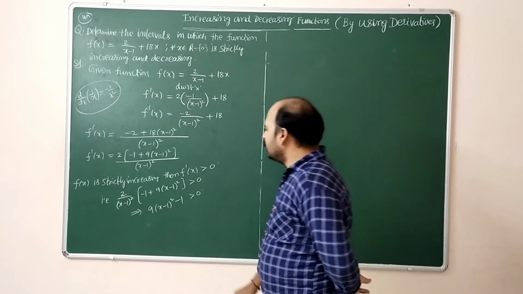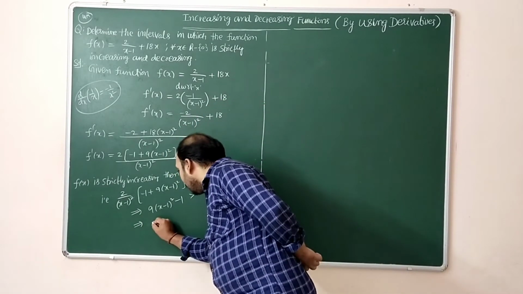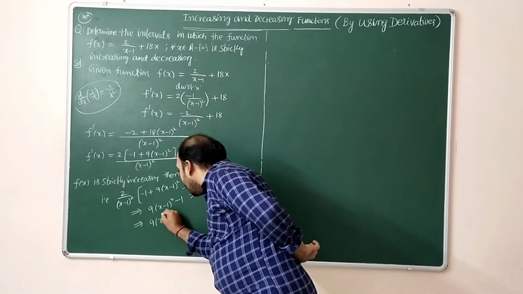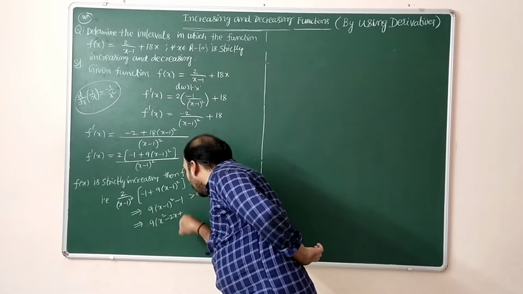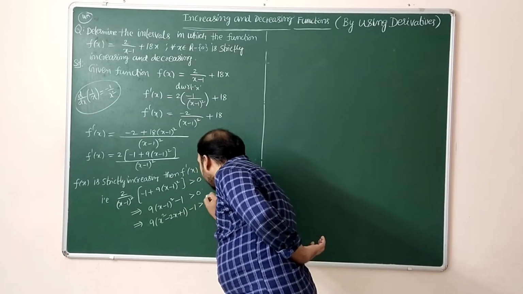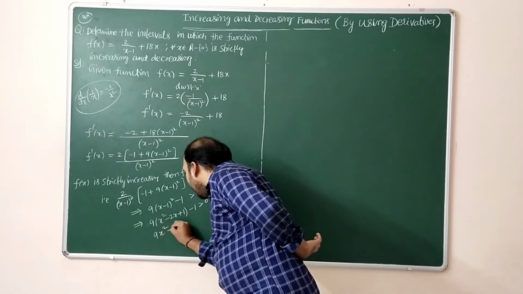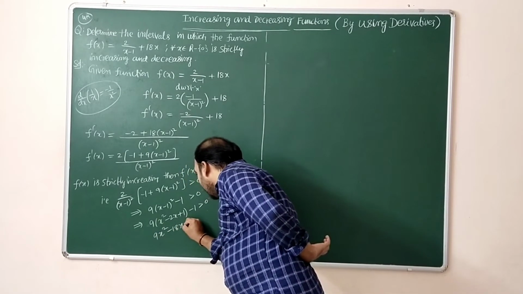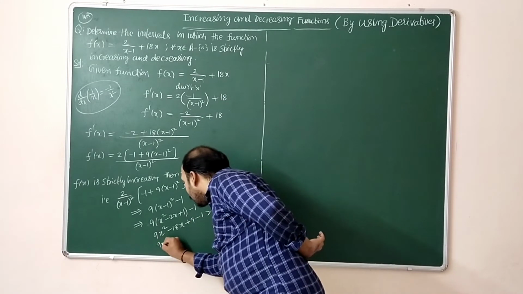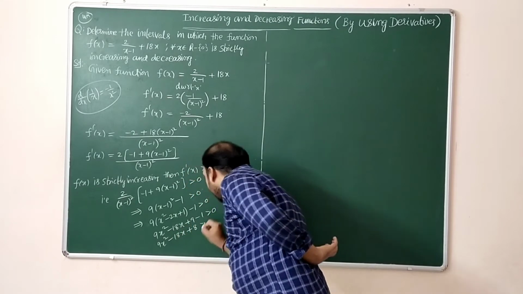So now what I am doing is, 9 into x square minus 2x plus 1 minus 1 is greater than 0, making a quadratic equation here. 9x square minus 18x plus 9 minus 1. So 9x square minus 18x plus 8 is greater than 0.